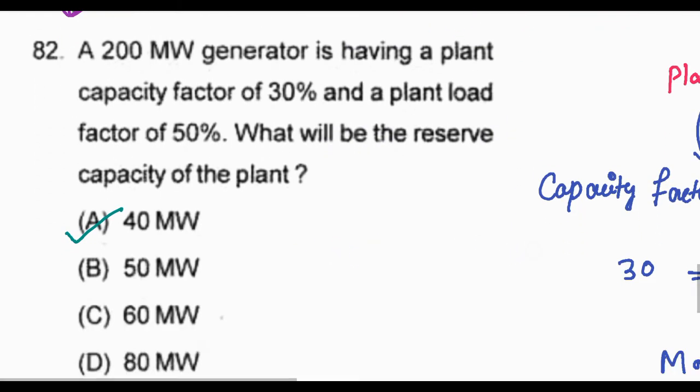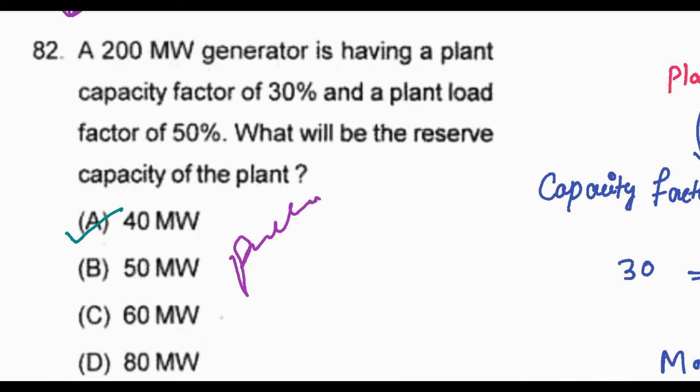Next question is, a 200 megawatt generator has a plant capacity factor of 30% and plant load factor of 50%. What will be the reserve capacity of the plant? Reserve capacity is a very important term and is asked many times in engineering services examinations, so you have to remember this one. From power systems, one is the pumped storage plant.